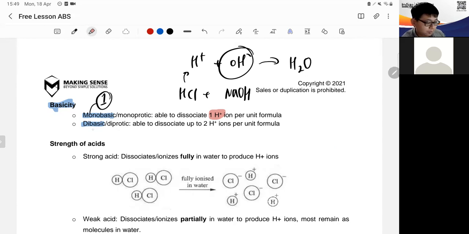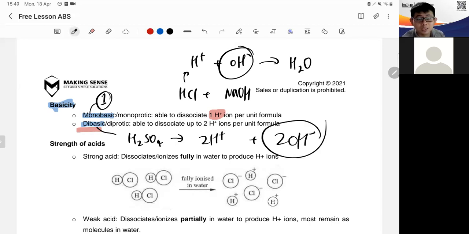Therefore, dibasic means that that particular molecule of acid can react with 2 bases. So for example, a dibasic acid would be something like H2SO4. You might learn in school that it's dibasic because of the H2, maybe when you dissociate, it gives 2 H plus. That's the local, very informal definition of dibasic and monobasic. But in fact, what it means is that this acid can react with 2 of this. That is actually what it means. That's a very technical term. But as long as you understand what mono and di mean, that's good enough.